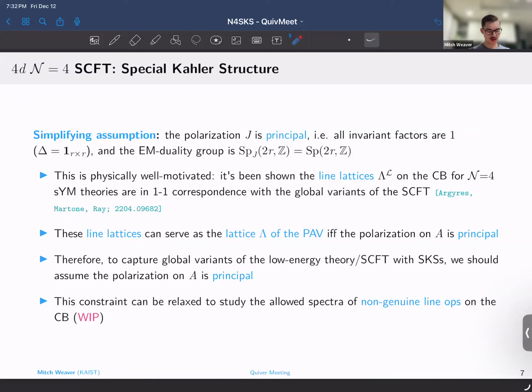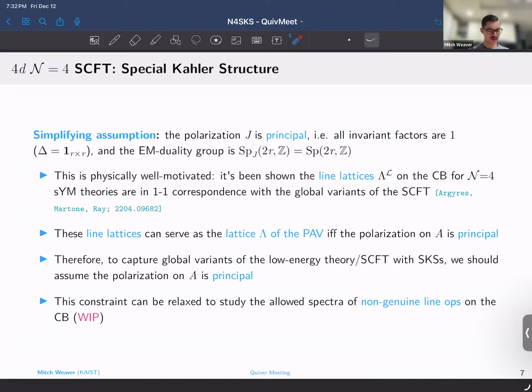And so if we want to go ahead and try to capture the global variants of the low energy theory, or those at the fixed point here, it stands to reason that we should assume the polarization of our Coulomb branch geometries, and in particular of the PAVs, is principal.